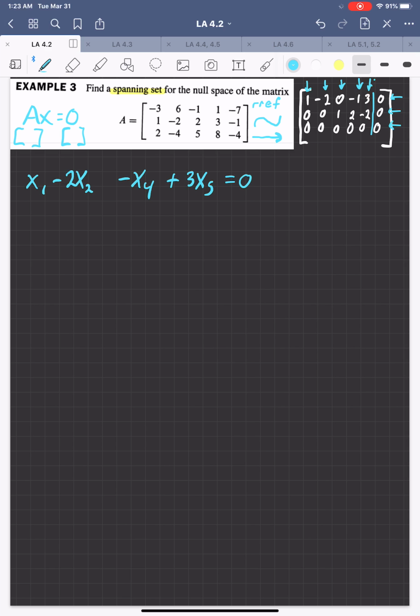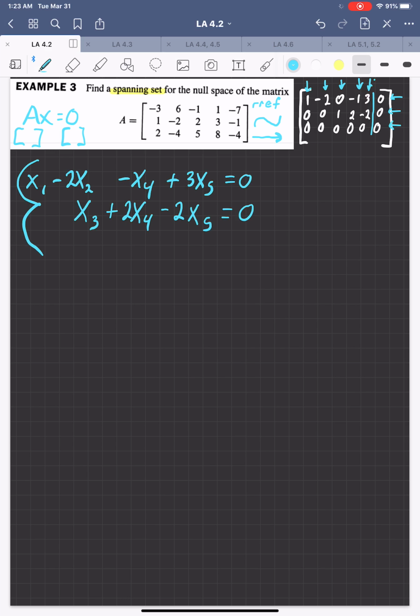All right, now let me go ahead and grab that second row. I'm going to turn that second row back to a system. So I have 0 x sub 1, 0 x sub 2, I have 1 x sub 3, I have 2 x sub 4s, and I have negative 2 x sub 5s. Okay.